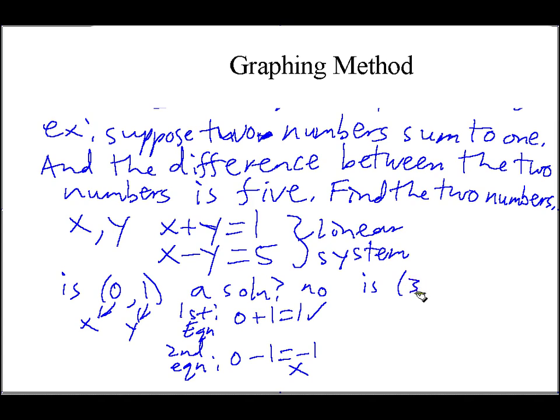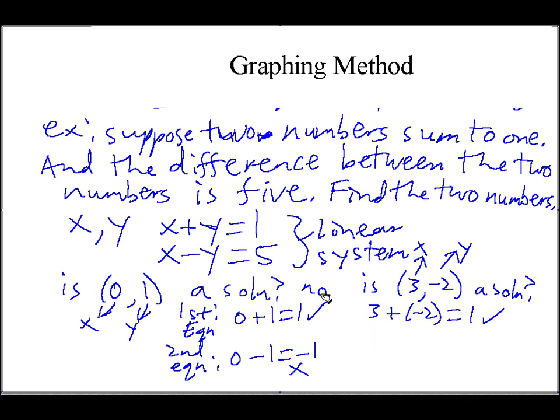How about the point 3, negative 2? Is that a solution? Let's check that real quickly. Let's plug in 3 for x and negative 2 for y, because the first number is the x coordinate and the second number is the y coordinate. First equation: 3 plus negative 2, x plus y, is equal to 1. Good.